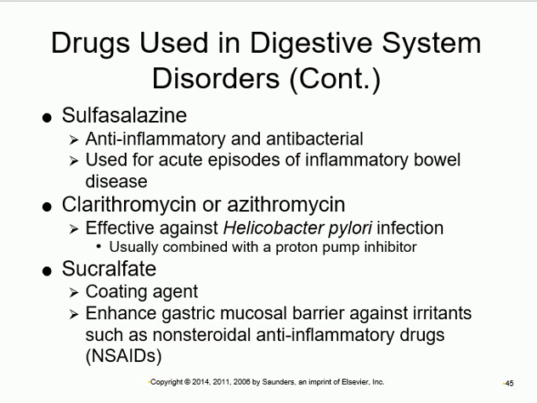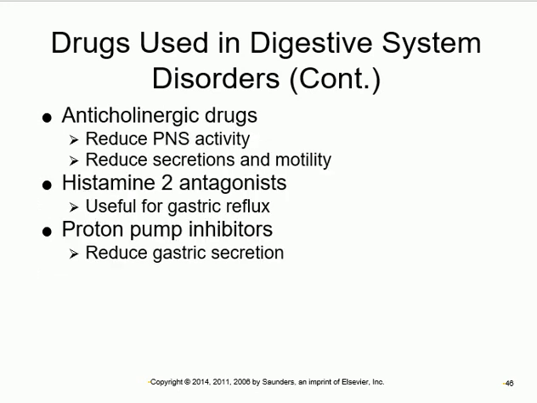Other types of treatments depending on the condition. Anticholinergic, H2 antagonist, something like cimetidine, ranitidine. If you have a gastric reflux, proton pump inhibitors like Prozac, proton pump inhibitors, something to reduce gastric secretion, if you're having Prilosec.